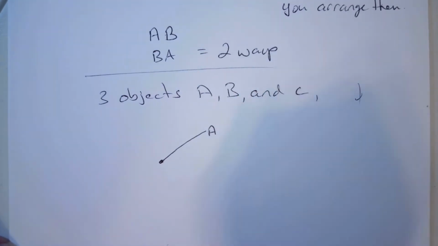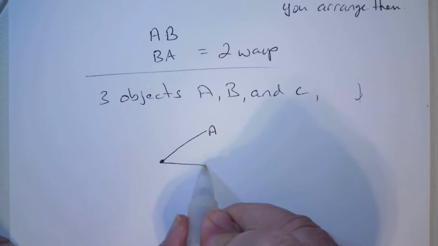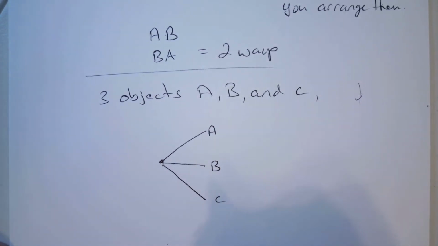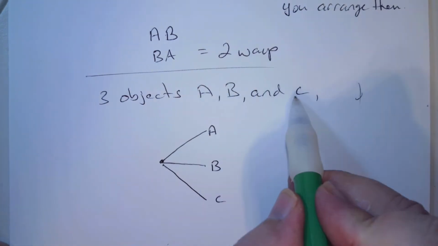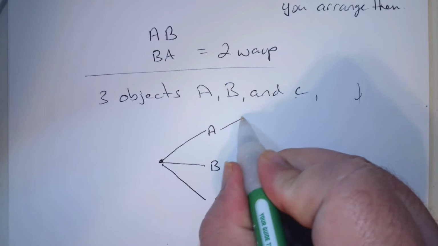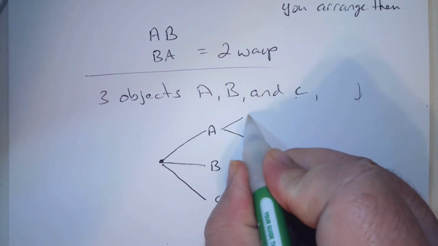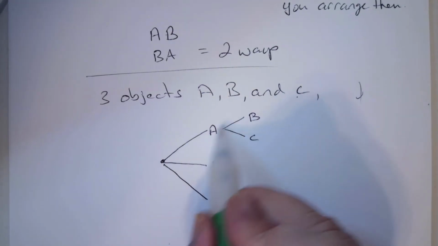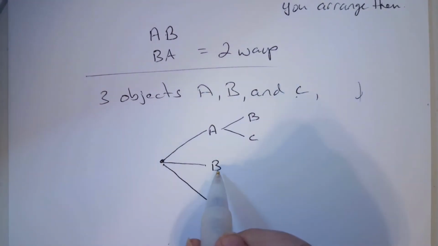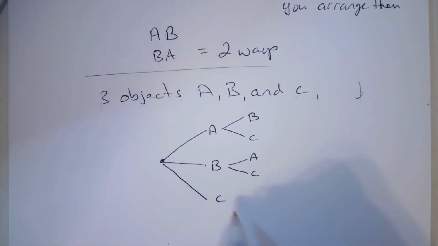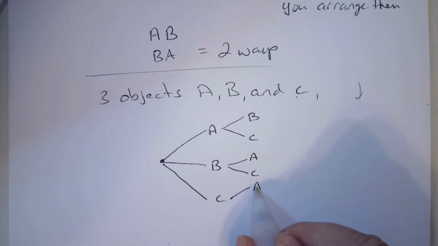Event A is the first one, or we could do event B, or we could do event C. Remember, you have to use all 3 of these letters. So if A happens first, what do we have left? B and C. So after A, you can have either B or C. If you did B first, then you can have either A or C. If you did C first, then you can have either A or B.